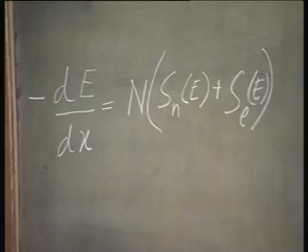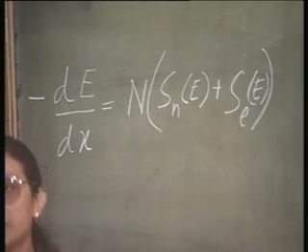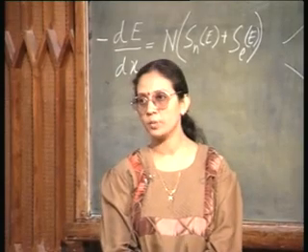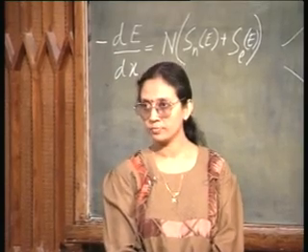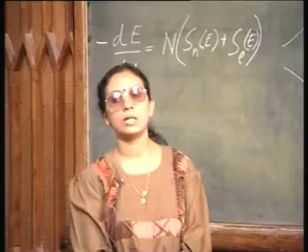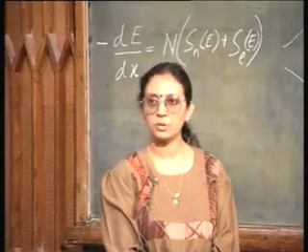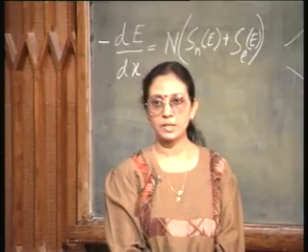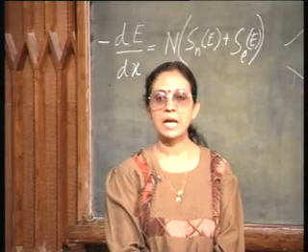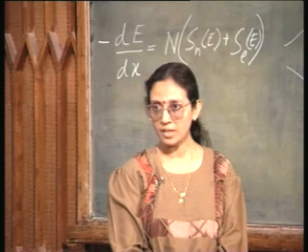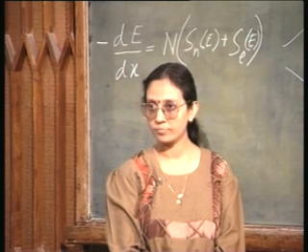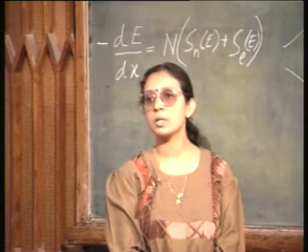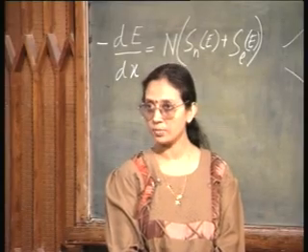N stands for the number of target atoms per unit volume, per centimeter cube. Whether the ion is losing energy by nuclear stopping or by electronic stopping, in both cases it is interacting with the target atom, the target being in our case silicon. So obviously the loss is going to be proportional to the number of target atoms available.